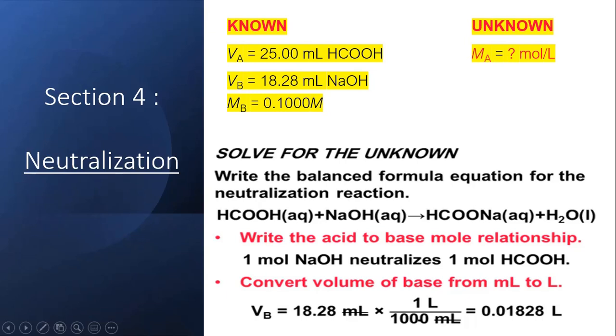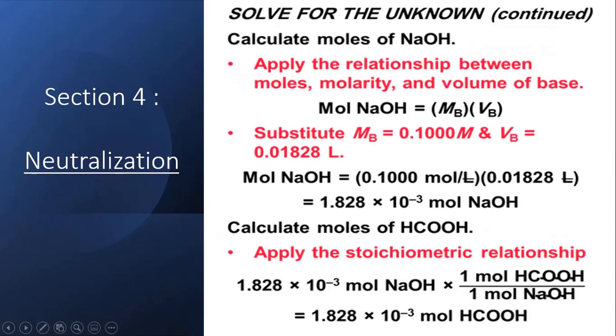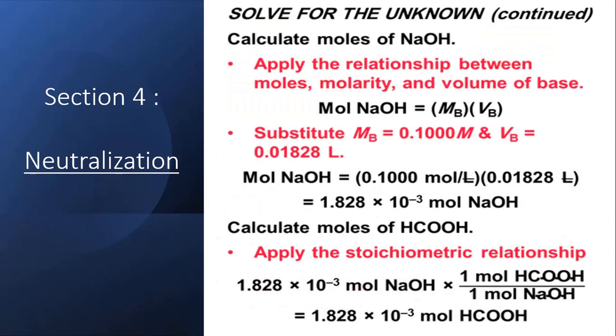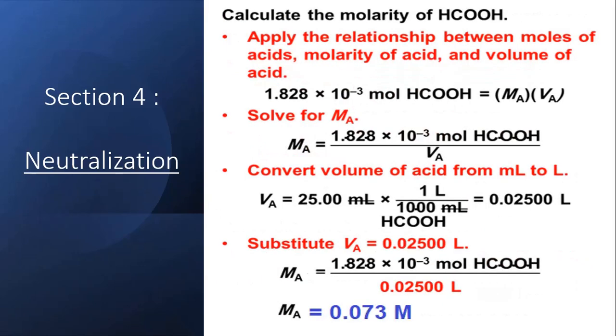So the volume of base was 18.28. We are going to convert it, and it will be 0.01828 liter. The same will be for the acid. We are going to make it in liter. That is whatever we will use also for later on.